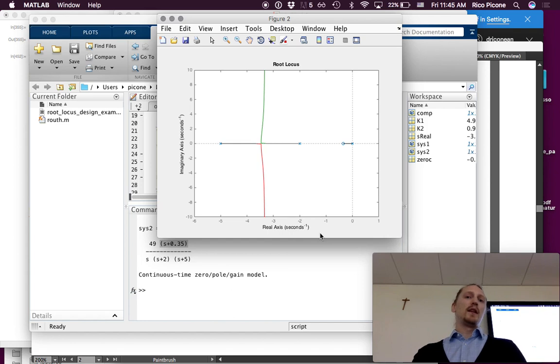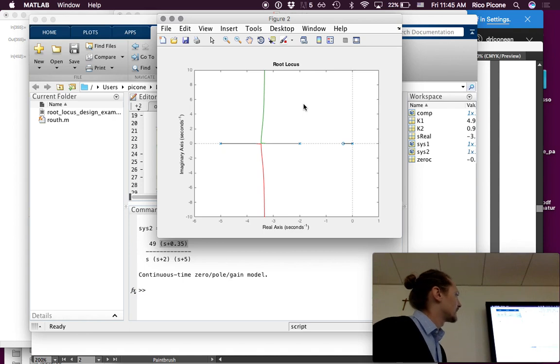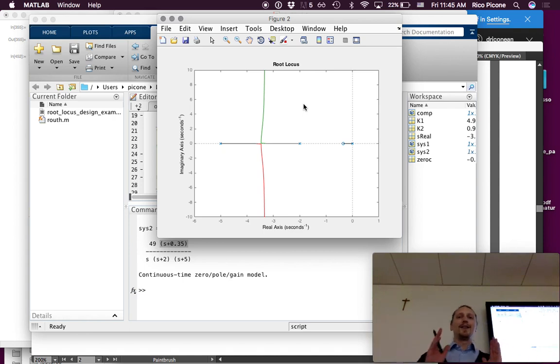And that's what we see, right? We see this pole and this 0 show up from our compensator, and then we see, once again, these things come together and split off. But it's hard to tell. It's a very small effect, but you can see that the root locus branches get pulled a little bit to the right.